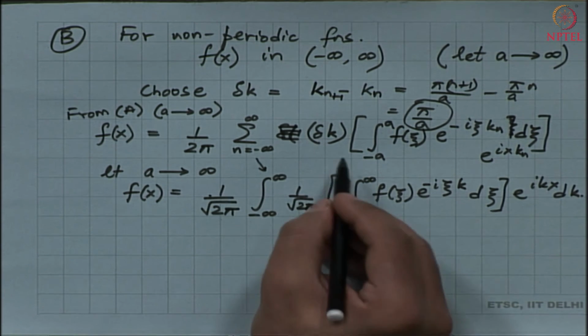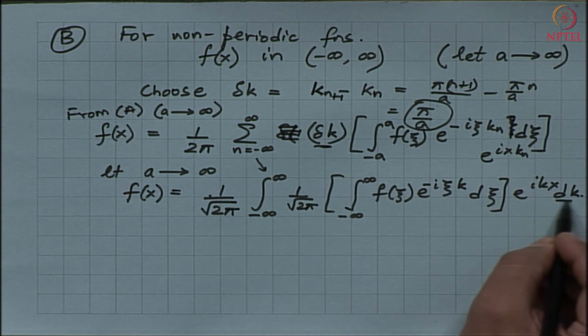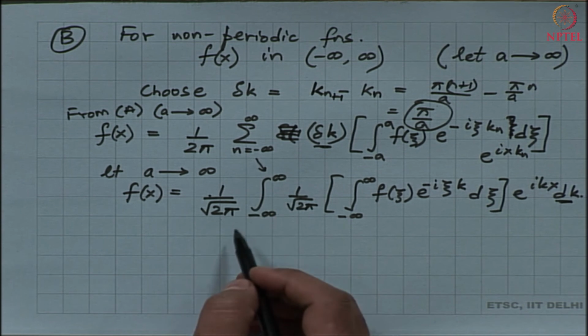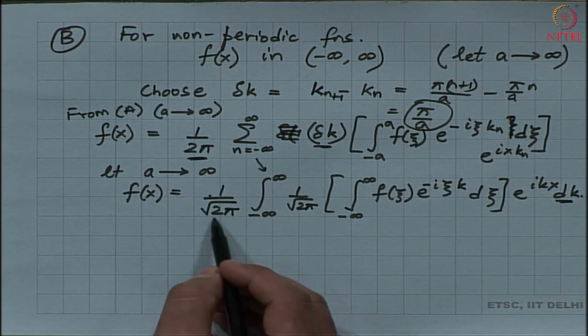Notice that our delta k has changed to this infinitesimal element d k, and my summation has been replaced by an integral, and I have broken down this 1 by 2 pi as follows.